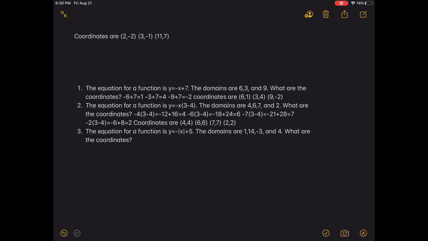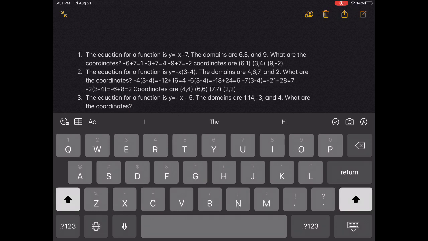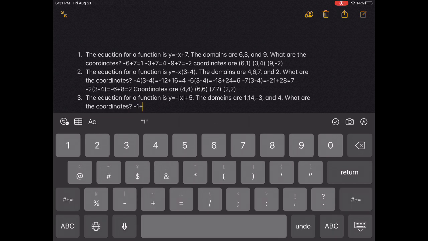Okay, so for problem number 3, it says the equation for a function is y equals negative absolute value of x plus 5. For the first coordinate, it's 1. The absolute value is always positive, so that's 1. But there's a negative sign before the absolute value, so that means it's always negative. So we do -1 plus 5, and that will equal 4.